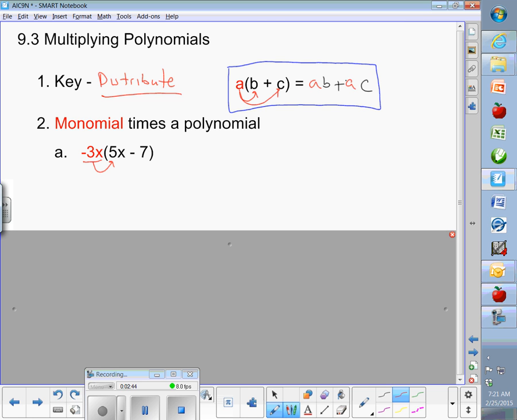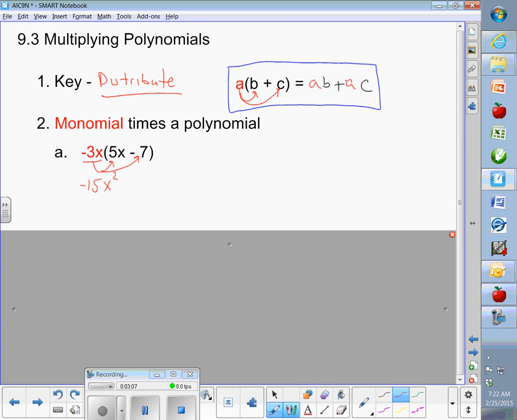What is a negative 3x times a positive 5x? Well, remember, coefficient times coefficient, variable times variable. Negative 3 times 5, negative 15. What is x times x? And I hope you're thinking x squared. So we have the first term, negative 15x squared. Let's distribute to the second.